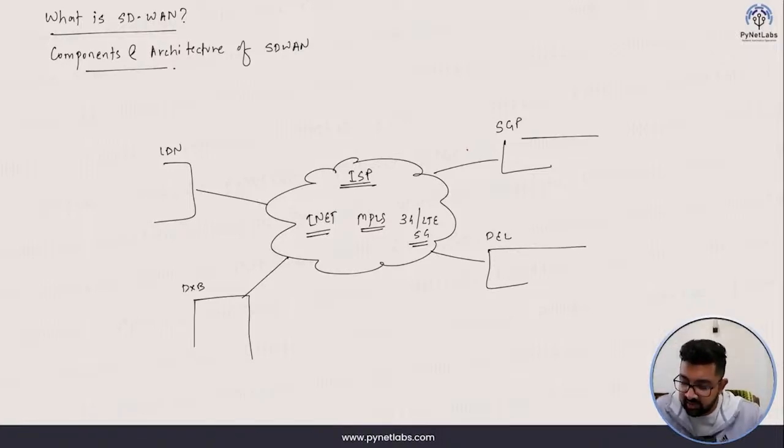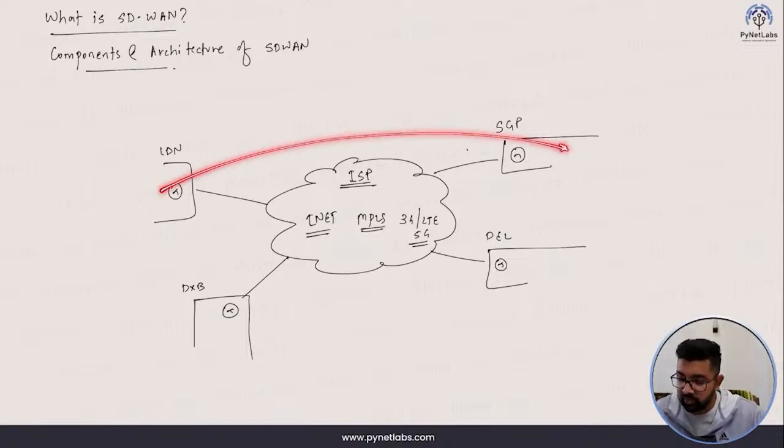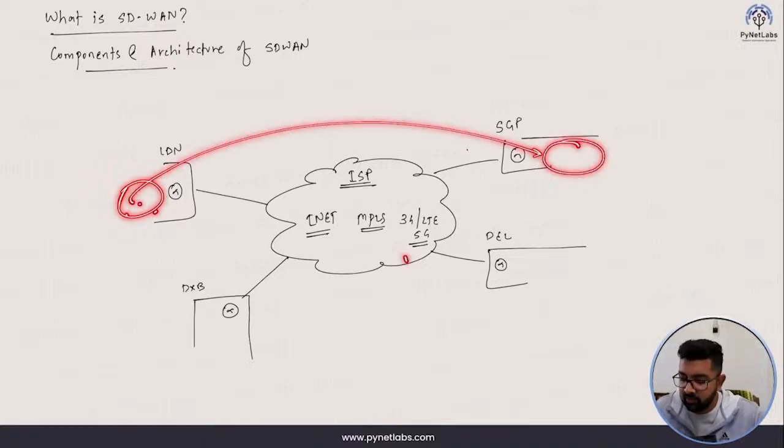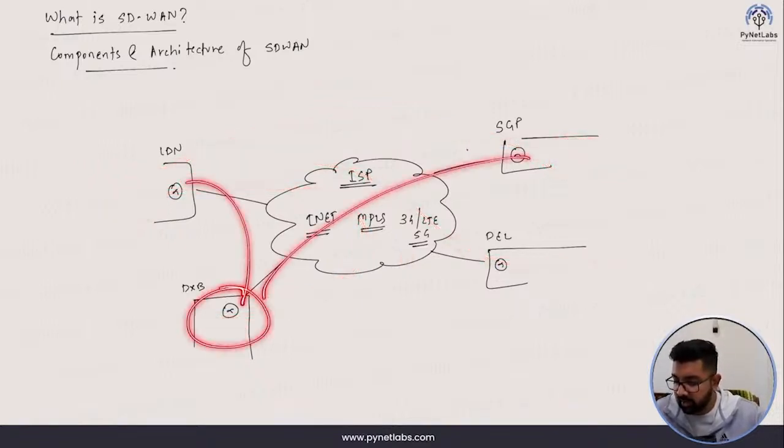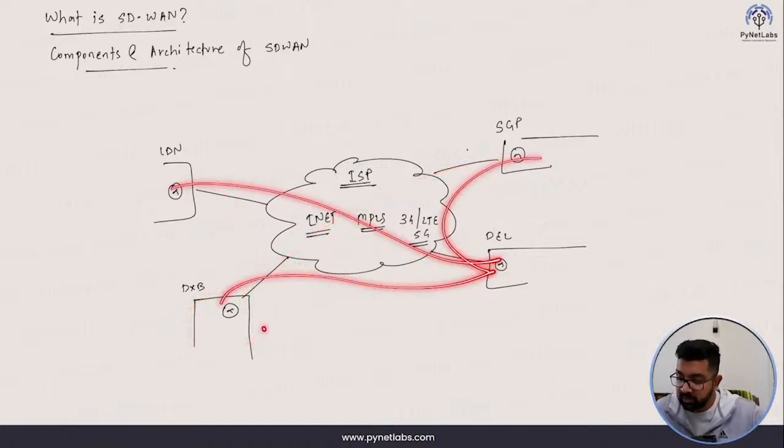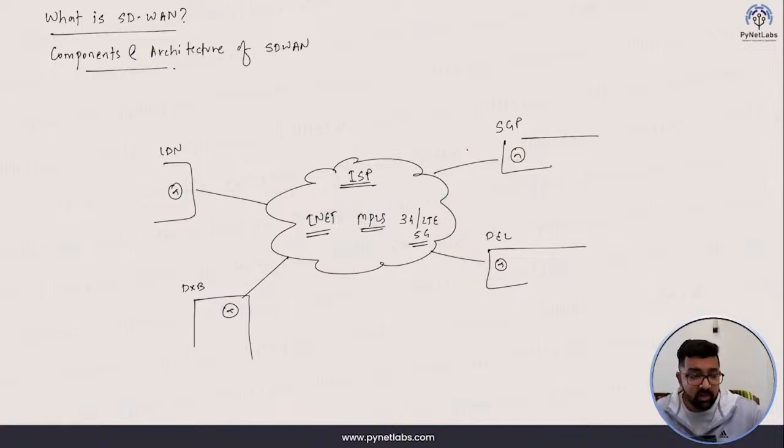And all of these devices or fabrics need to communicate with each other. Your employees sitting in the London office want to communicate with Singapore, with Dubai, with Delhi, and so on. Every branch wants to communicate with every other branch. To make this communication successful, you would probably be using ISP services.